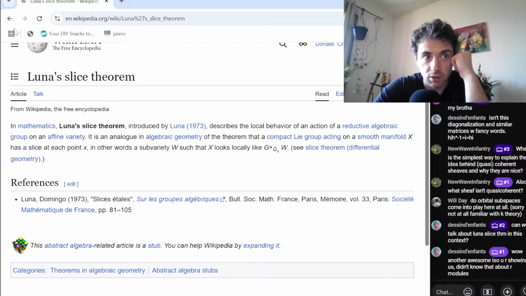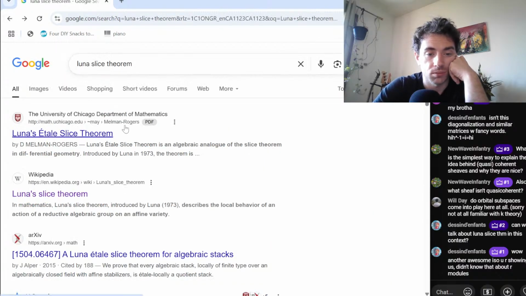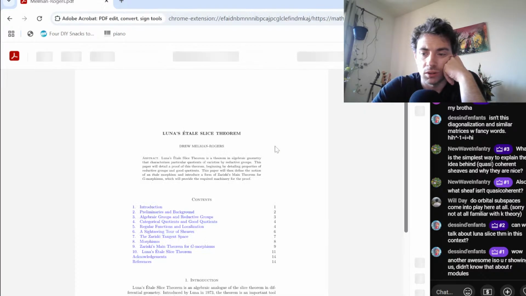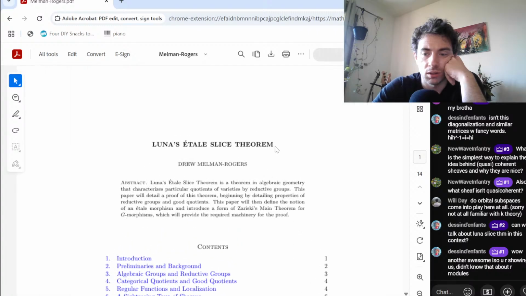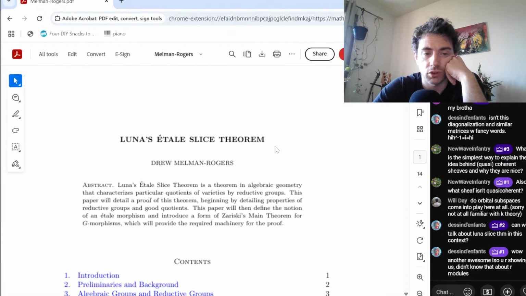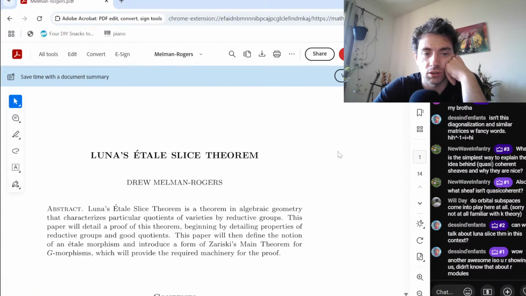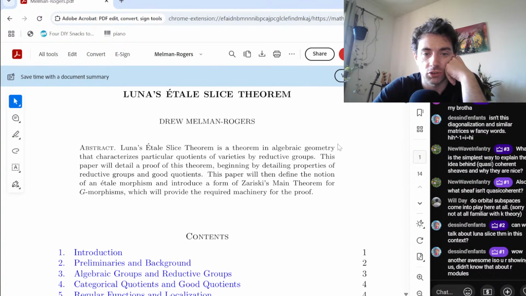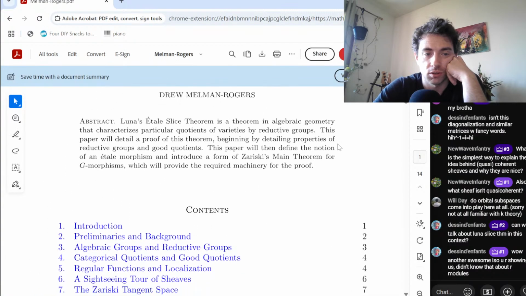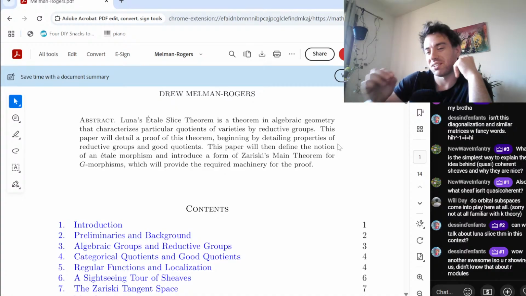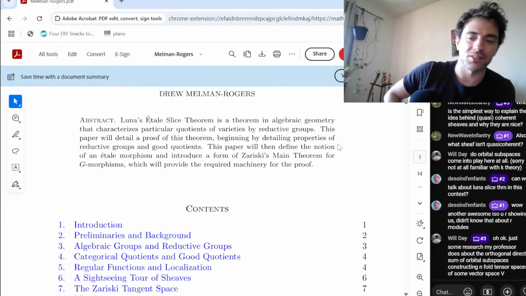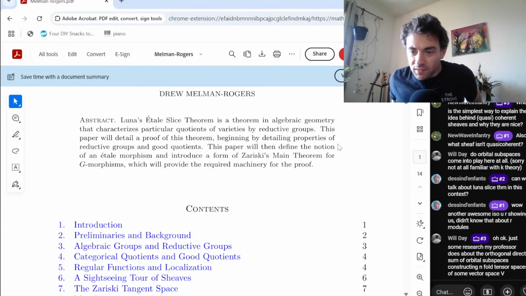Interesting. Yeah, I don't know. Quasi-coherent sheaves are just R modules, basically. Well, okay, no, it's more complicated than that. But yeah, locally, they're things that look like R modules.